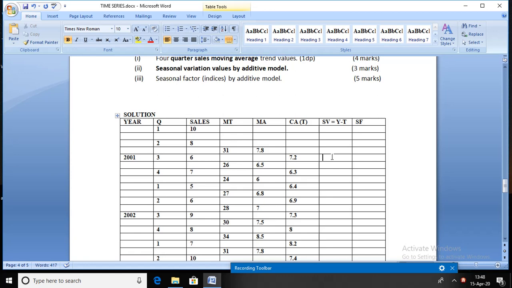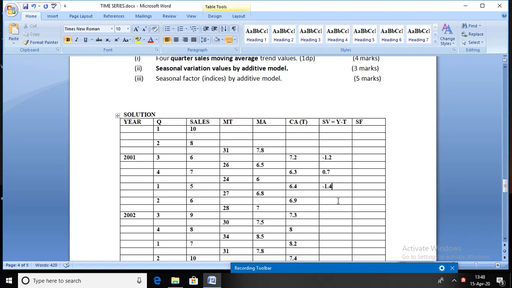So what we have there is 6 minus 7.2, you will have negative 1.2. Then 7 minus 6.3, you have 0.7. Then 5 minus 6.4, you have a negative 1.4.